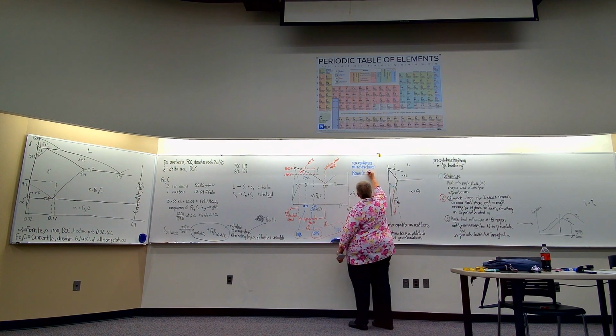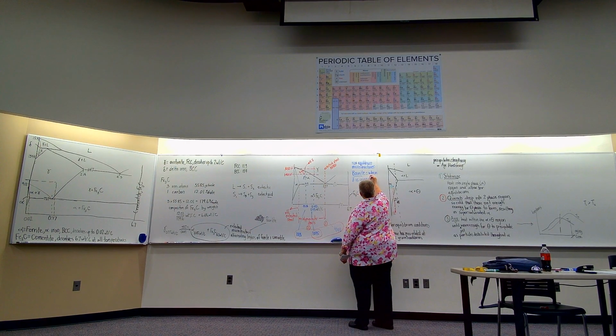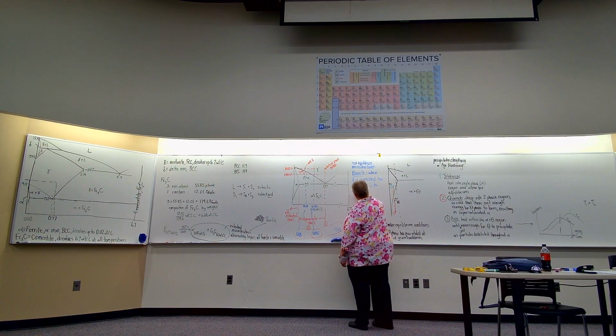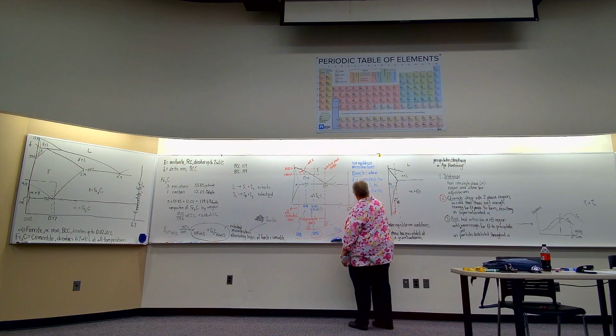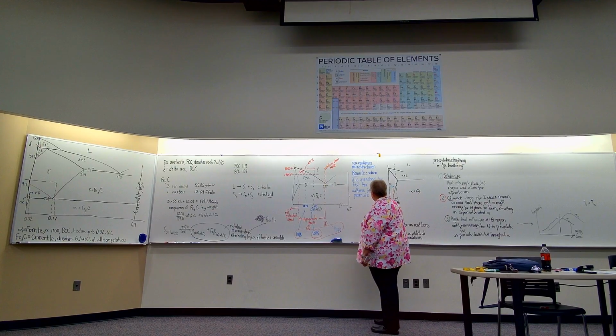So when gamma is quenched too fast for the carbon to diffuse to form pearlite, instead needles of cementite form in the ferrite.